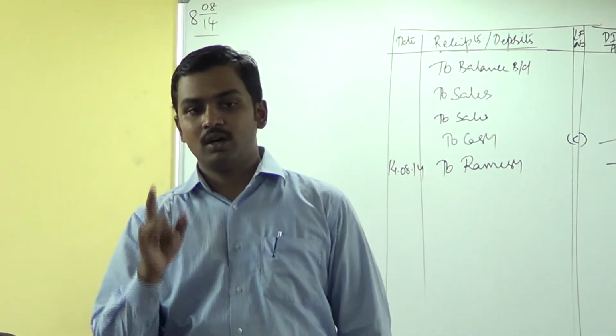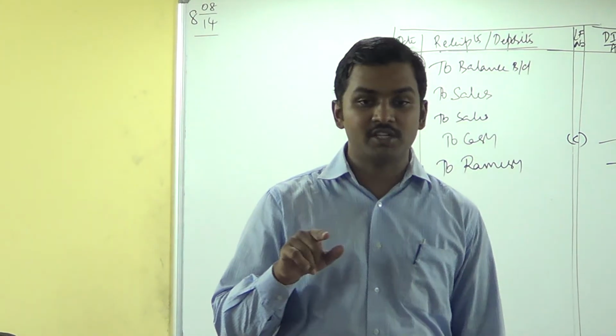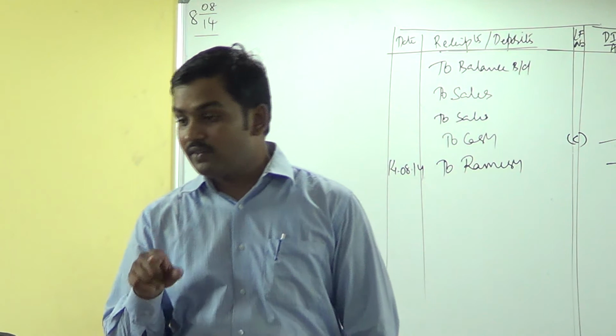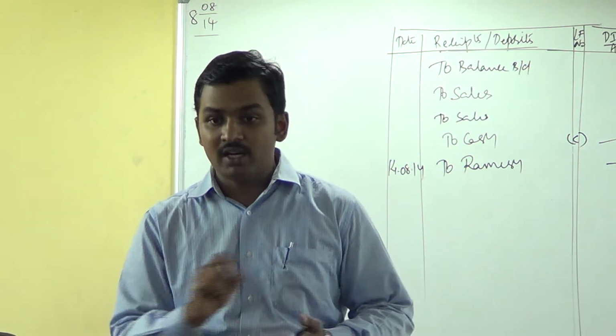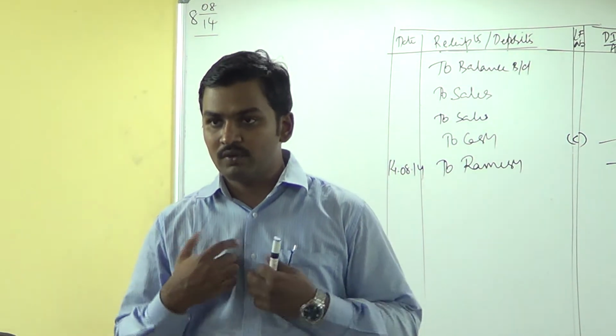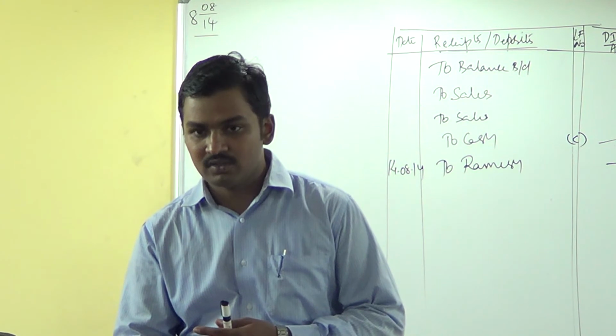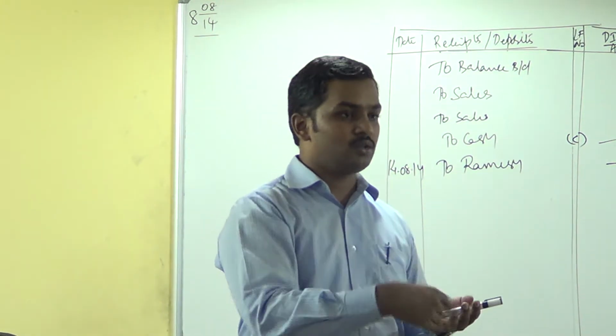Please remember, all these points will become very important when we come to the topic of bank reconciliation statement. So when will we record the entry? On the date of issue of the check. We have to immediately record a withdrawal in our books of accounts, because we want to know our correct bank balance. Once you have issued a check, you know that money is definitely going to go out of your account.